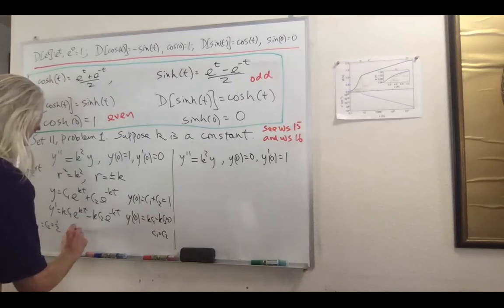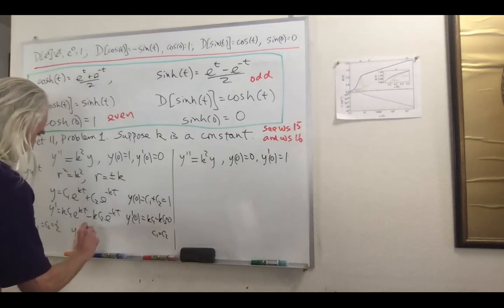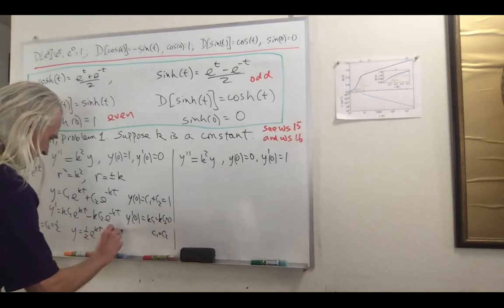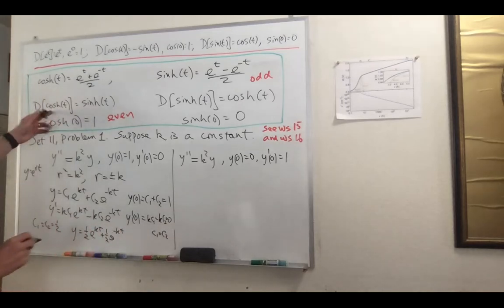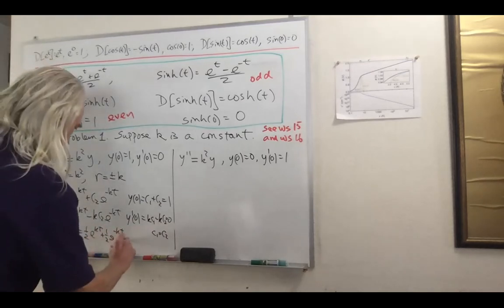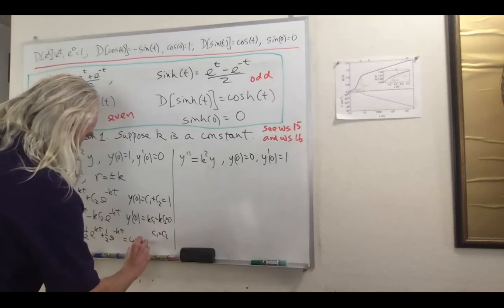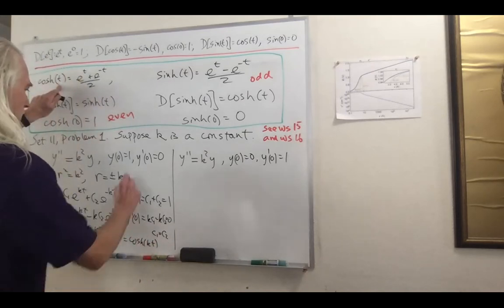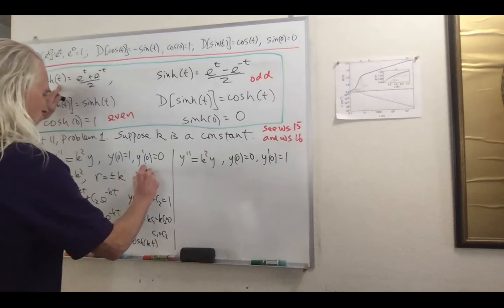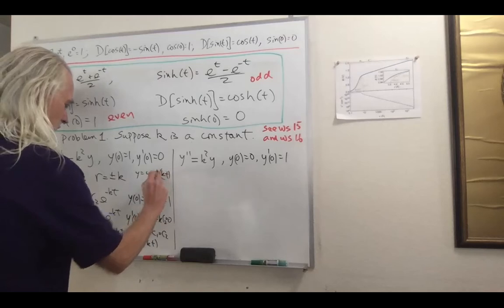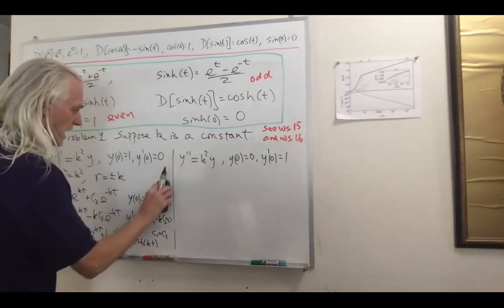So I get y is a half e to the kt plus a half e to the minus kt. Whoa, look at that. That's cosh of kt. Cool. So y equals cosh of kt, hyperbolic cosine.